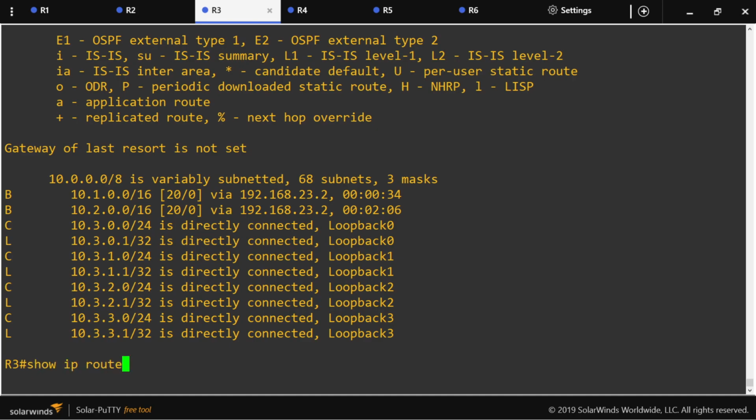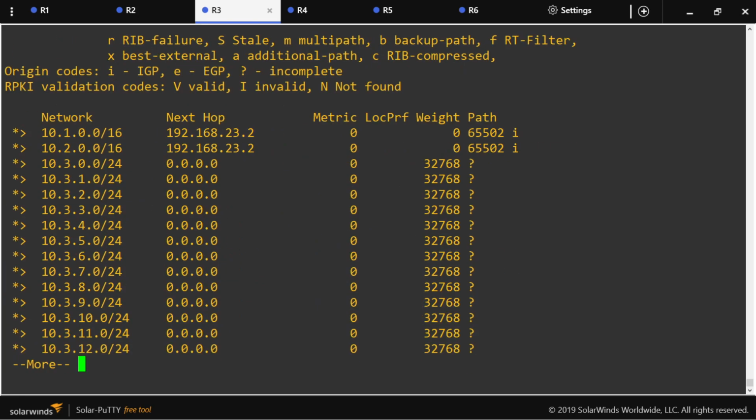So let's see how they look in the router. Notice that they only have one autonomous system here. But I know that these routes can also come from autonomous system 65551.